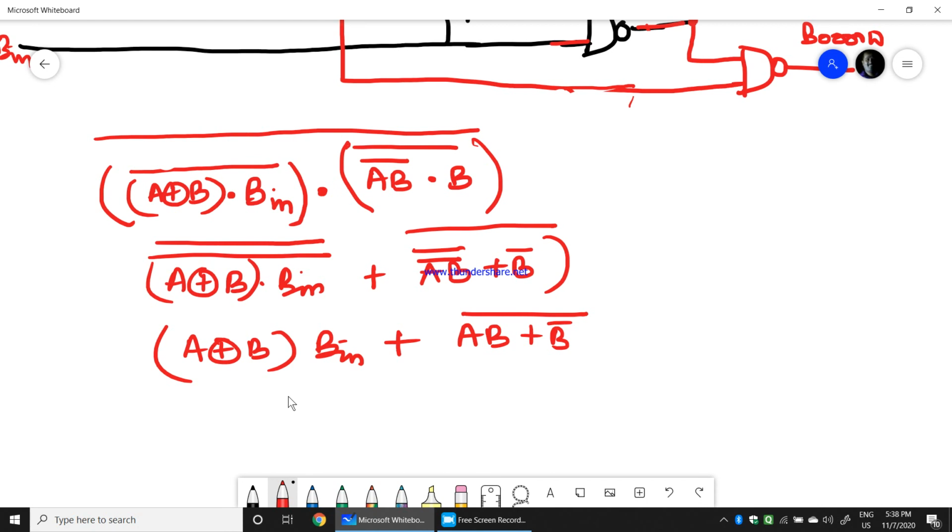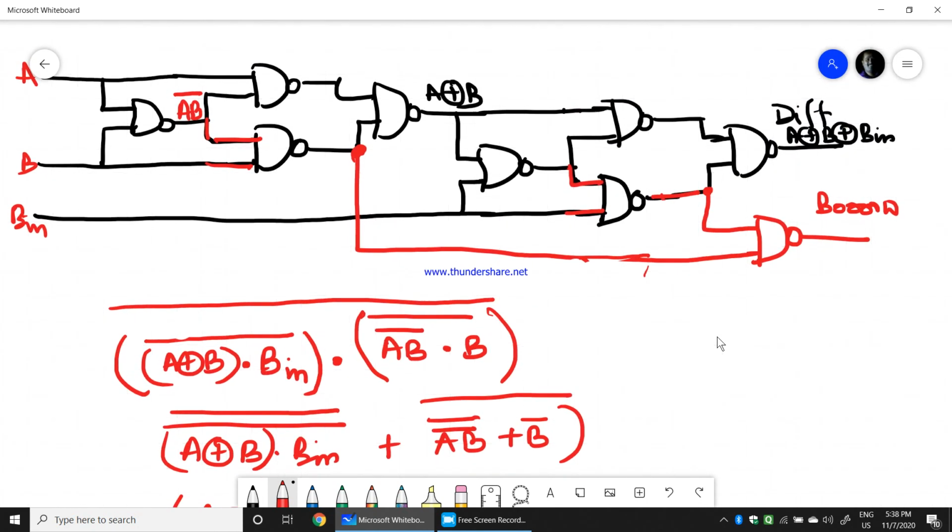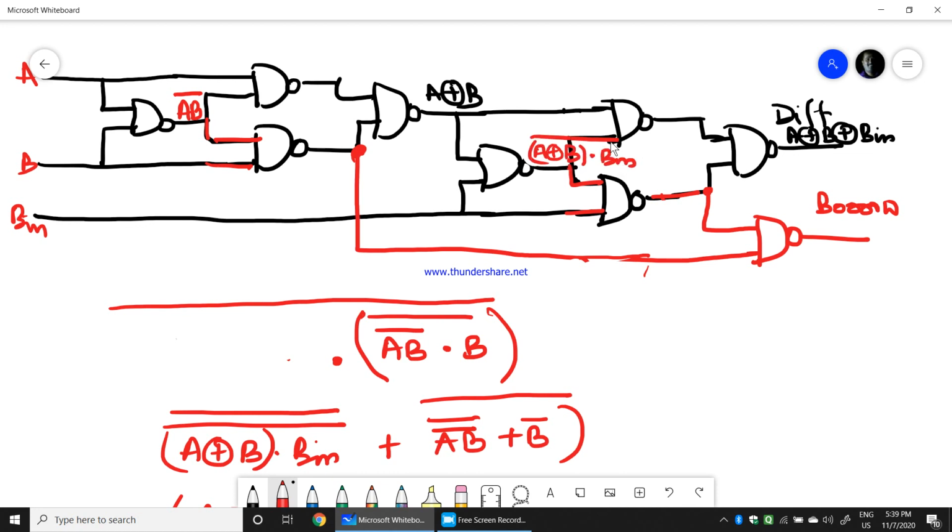So therefore, I think I have made a small mistake here. This expression is not this. What we actually get here is A XOR B ANDed with Bin the whole bar.